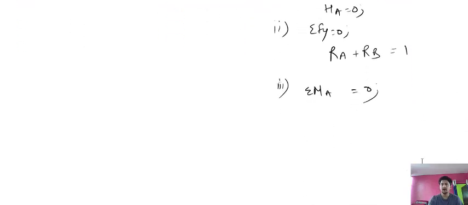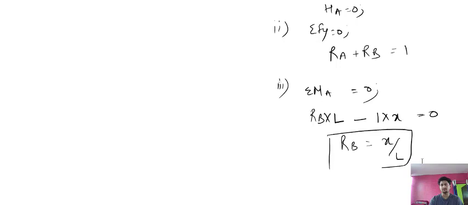So it will be Rb into L minus 1 into x equal to 0. From here you will get the value of Rb as x upon L. This is the first equation, this is the second equation.